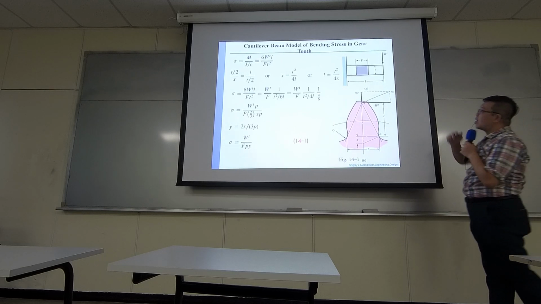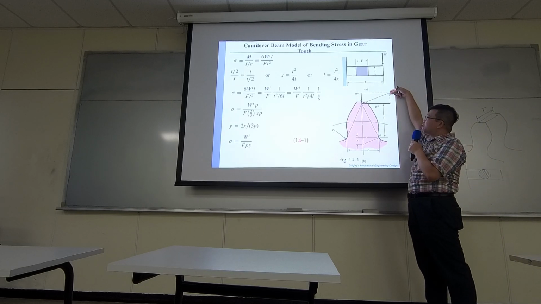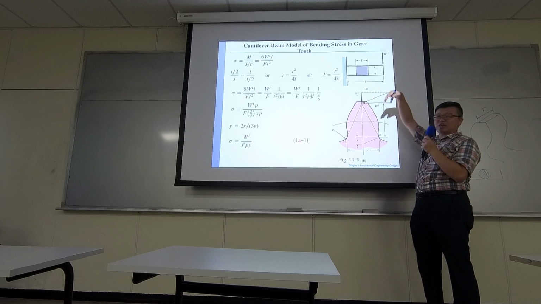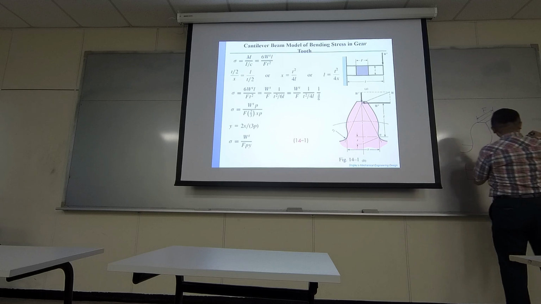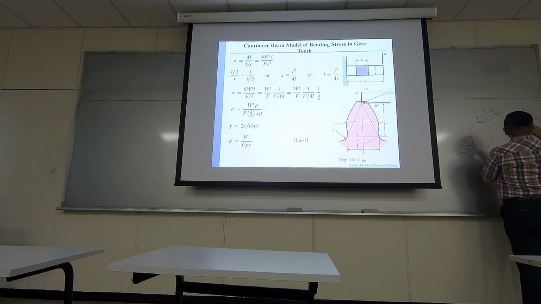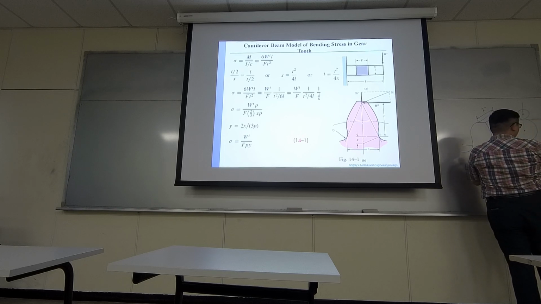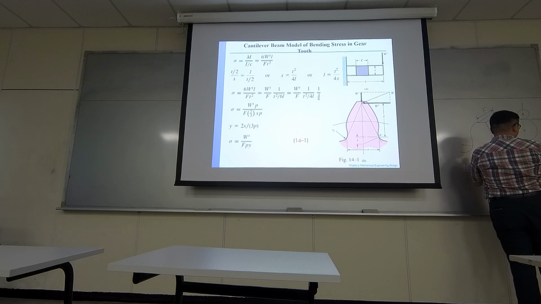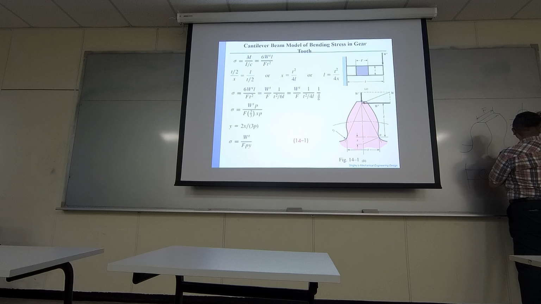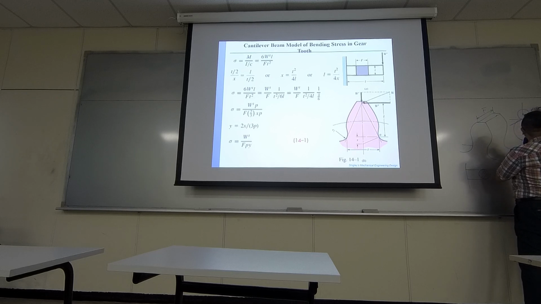So why does the original force come into the t with an angle? Because for two gears, if I'm drawing the pitch circles of two gears, we always have this pressure angle right here, the line of pressure.